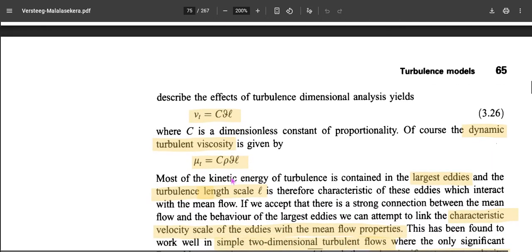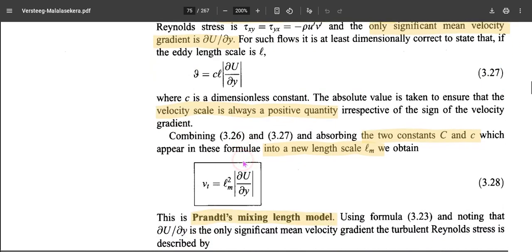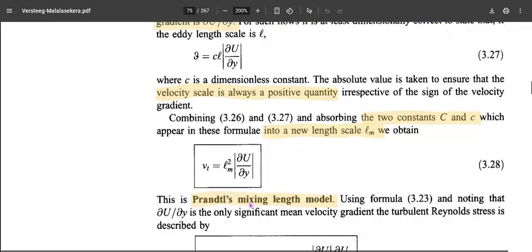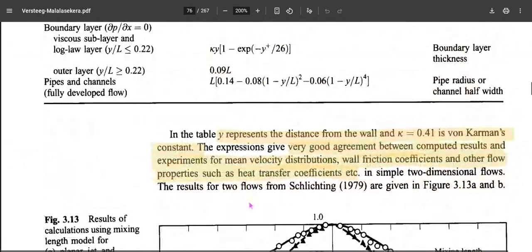Then the dynamic viscosity is identified from that. Finally we ended up with this relationship. And this has certain advantages as well as certain disadvantages.